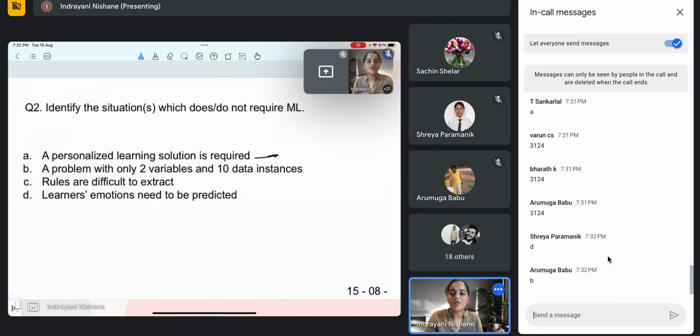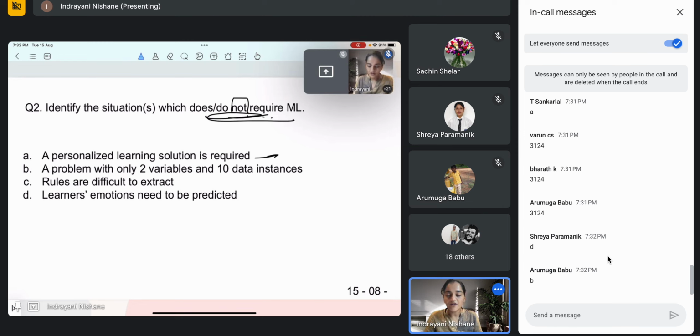Option B is problem with only 2 variables and 10 data instances. Option C is rules that are difficult to extract. And D is learners' emotions need to be predicted. So the question is, does not require. Let us first see which of the problems will require machine learning.